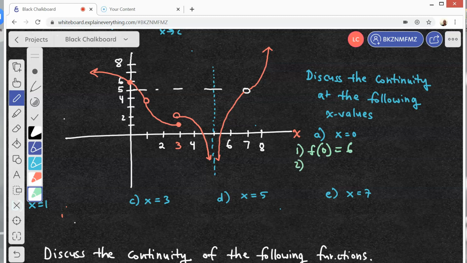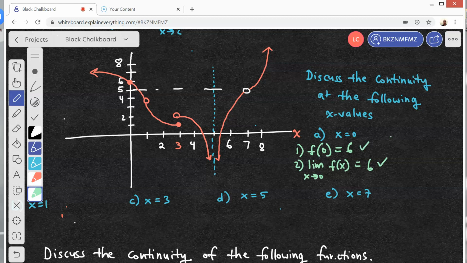Step number 2, does the limit exist at x equals 0? Does the limit as x approaches 0 of that function exist? And it does. The answer is 6. So not only is the function defined at 0, check, 6, the limit exists, check.